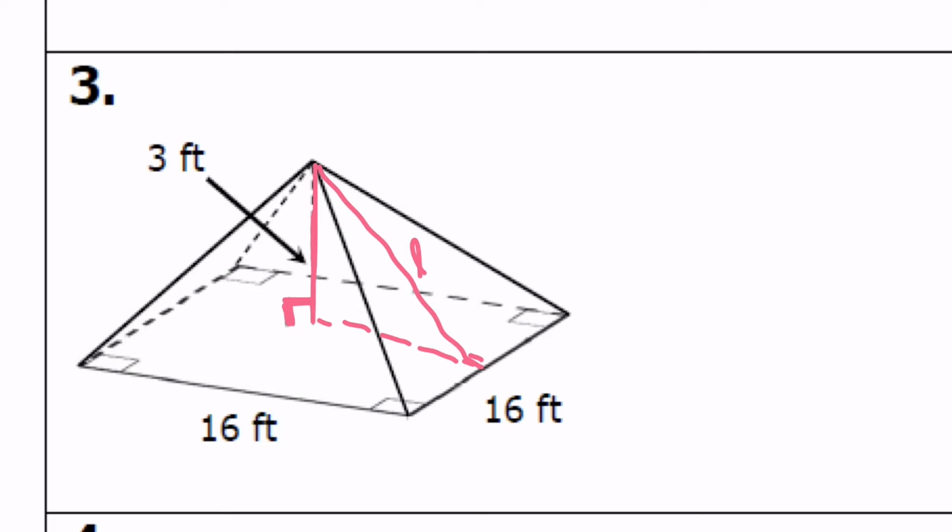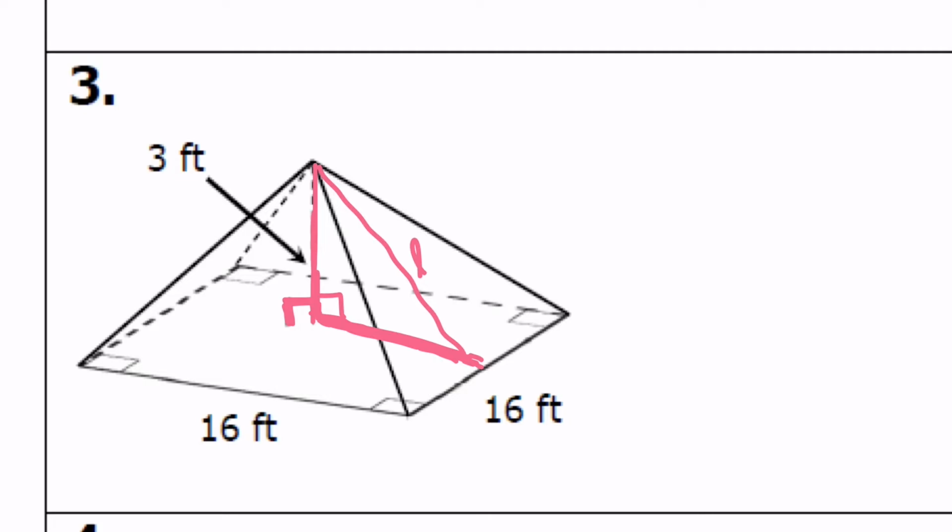If I connect the slant height and the height of my pyramid together, I actually form a right triangle. Now I know it doesn't look like one, but it's because we've got this pyramid turned at an angle. If I were to rotate it a little bit, you would be able to see that that forms a right angle.